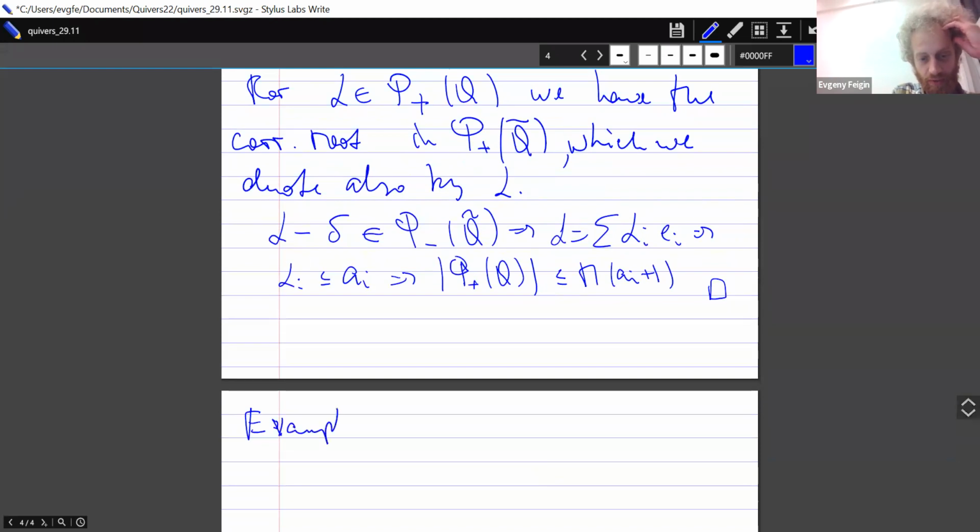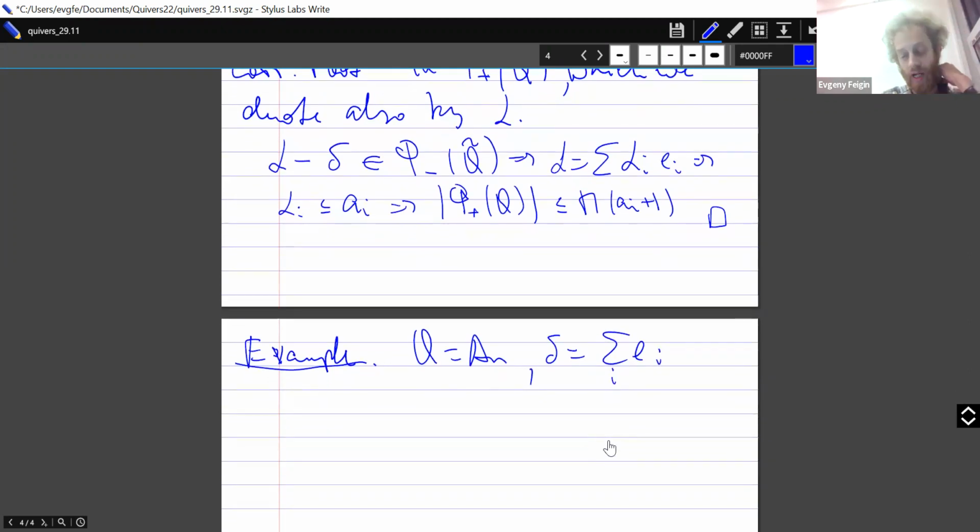So, for example, if Q is A_n, then delta is just the sum of e_i for all i. Yes, so all the coordinates are 1.